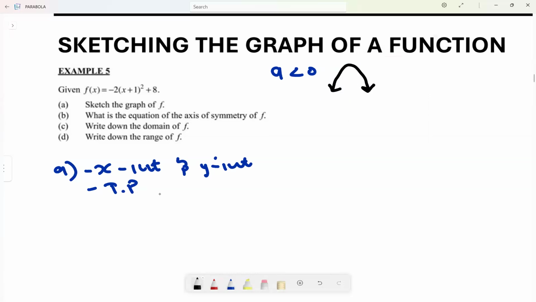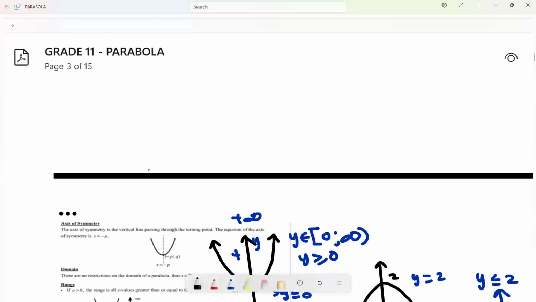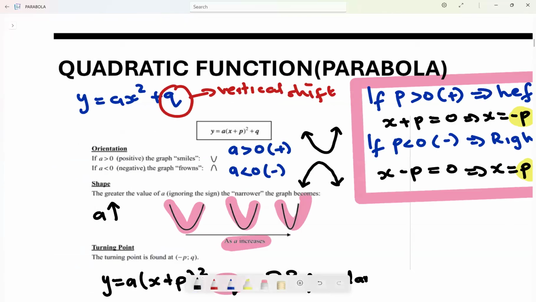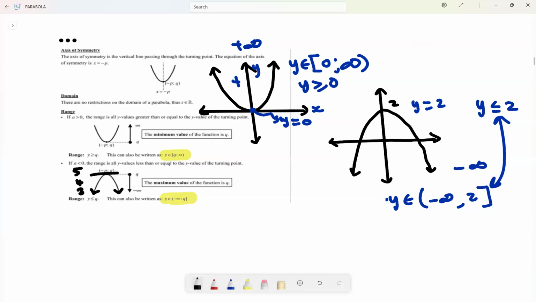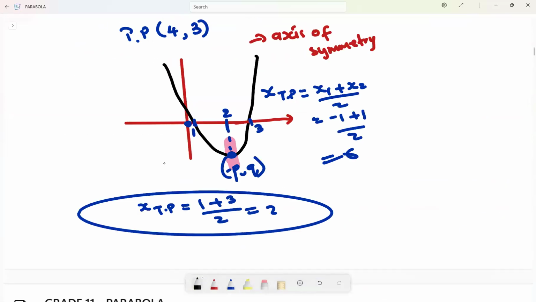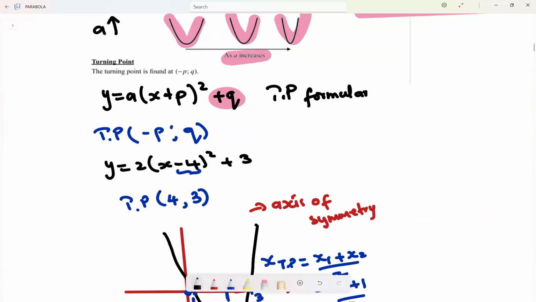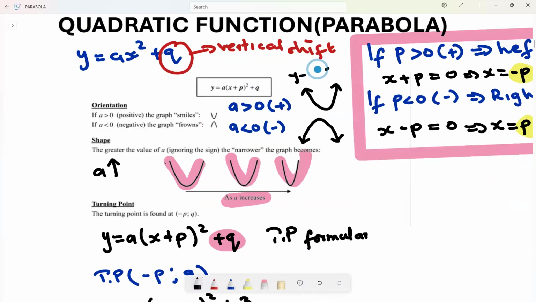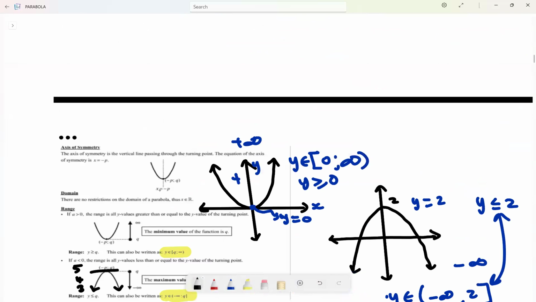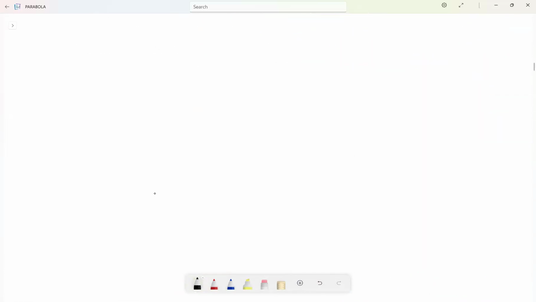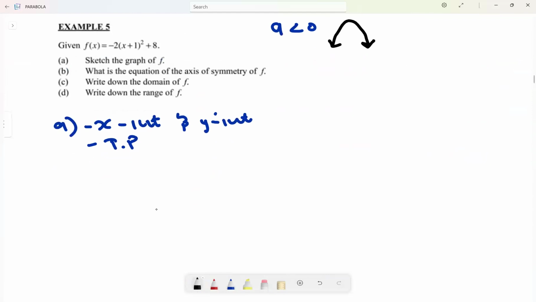I forgot to mention the y-intercept, but actually, no, it's not on this graph. Cool. We'll just find the x and y intercepts. Let's look at the x and y intercepts first.